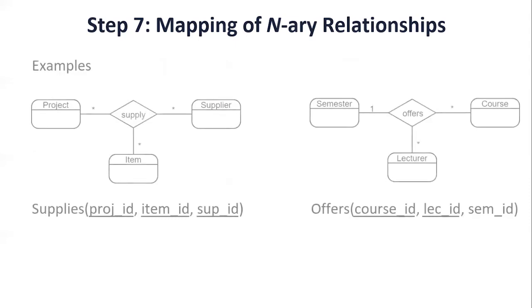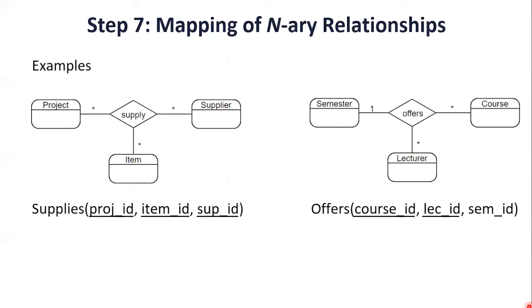Why? Let's clarify with this simple example. So let's say we have this three-way relationship where a supplier supplies certain items for a project. All the three parties have many as the cardinality.